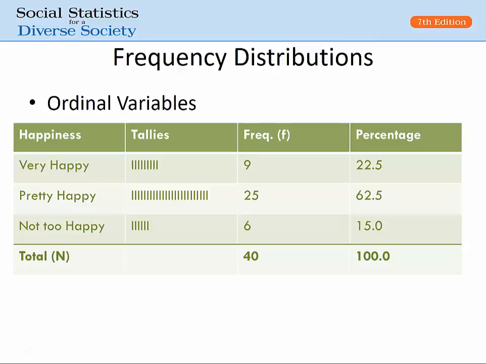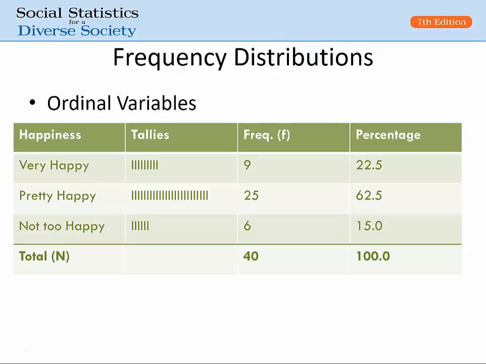We can also tally up categories in ordinal variables. And remember, ordinal variables are like nominal variables, except the categories have an order to them. It has some kind of order from low to high or less to great or something like that. So in this category, for example, individuals might have been asked, how happy are you right now? And their choice of responses would be very happy, pretty happy, or not too happy. And so we tally up the number of responses.